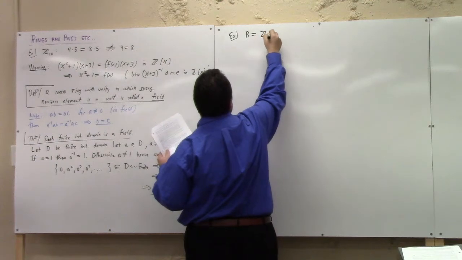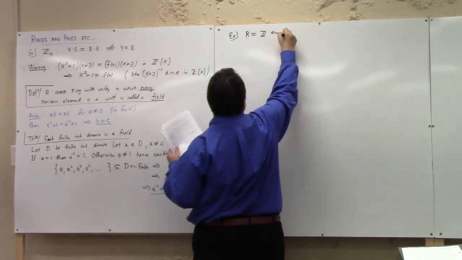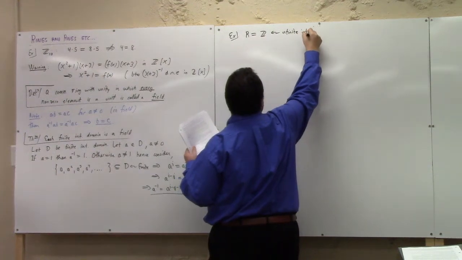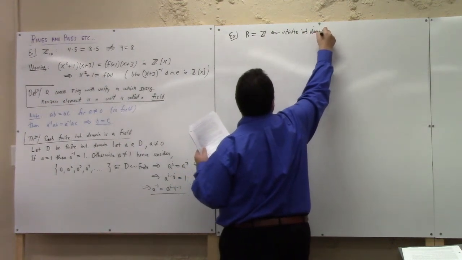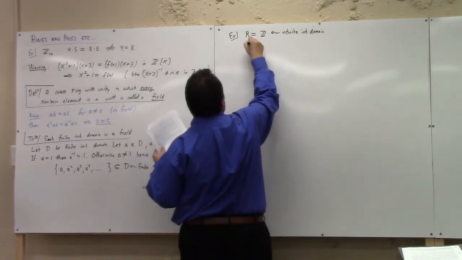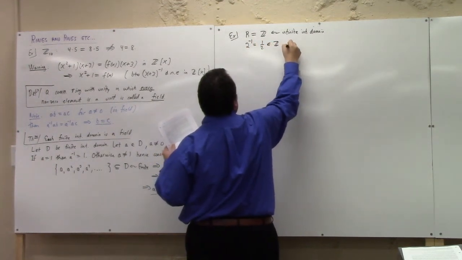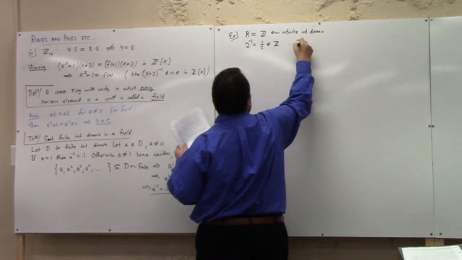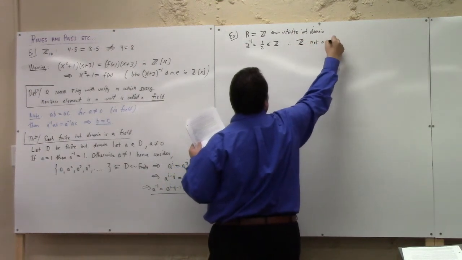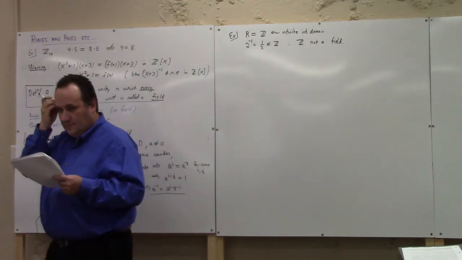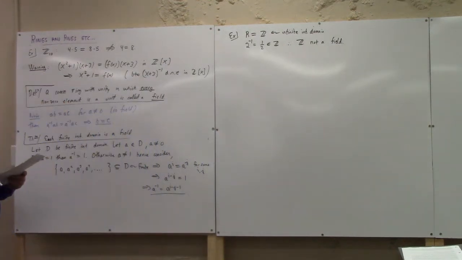The integers are an infinite integral domain, but 2 inverse, a half, is not an element of Z. So therefore, Z is not a field.